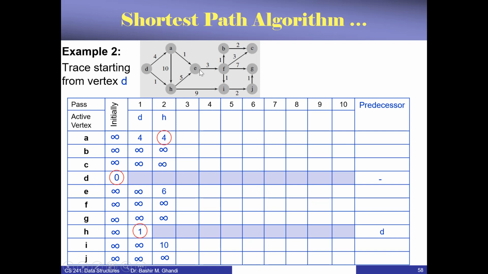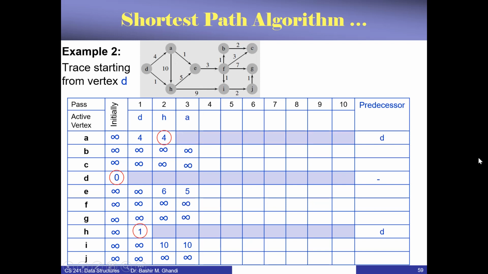And here actually there is a good development, because now if we come through A, which you remember cost us 4, we only need to add 1 more to reach E. That will give us 5. 4 plus 1 is 5. Now if you look at the present value, it is 6. So this new value is in fact smaller. So we're going to accept 5 as the new value for E. All the others, since they cannot be reached from A, we just copy as before.